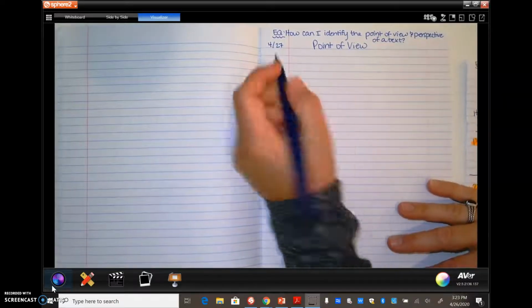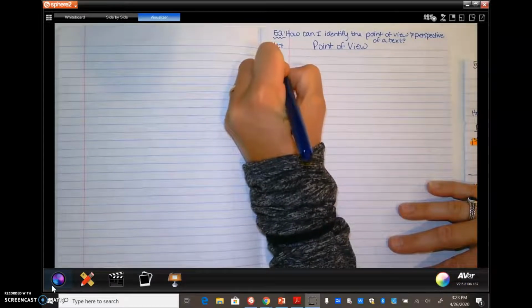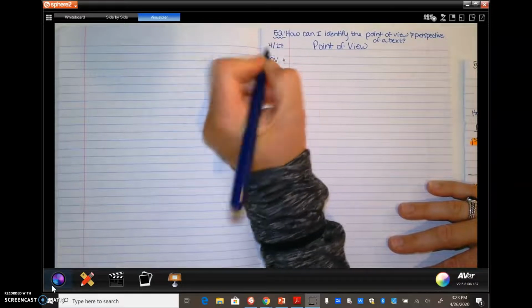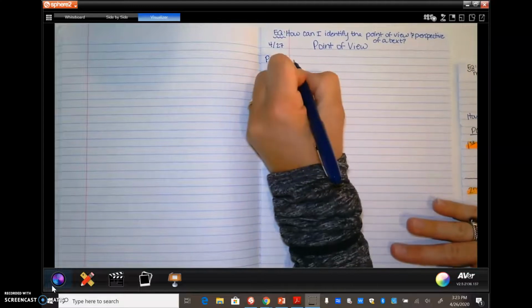Okay, today's date. The first thing we're going to do is define point of view, and I'm going to abbreviate it like that. Point of view is basically the way the author presents or writes about the characters and events in the story.